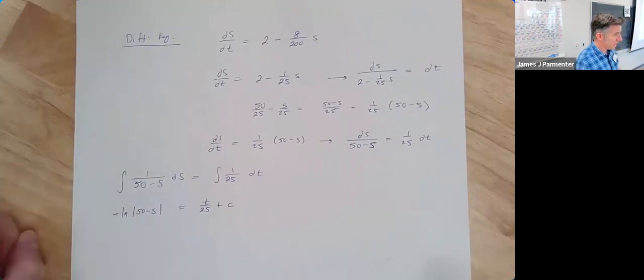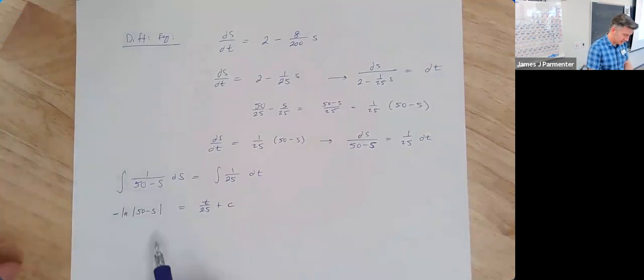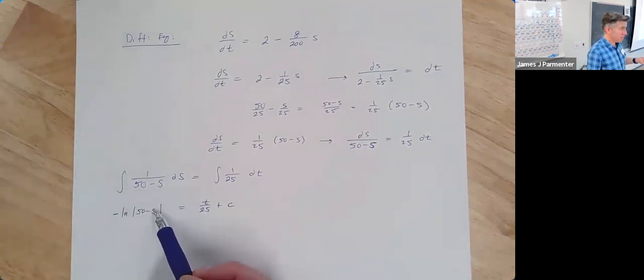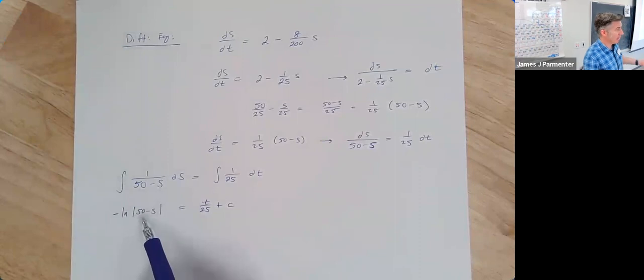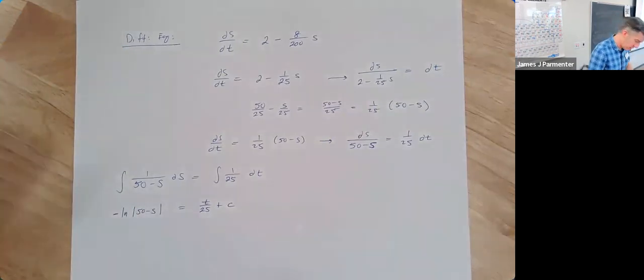I will point out that since s, the amount of sugar, starts off as 0, we don't need the absolute values because 50 minus 0 is positive. The amount of s will only ever get larger and larger. It is never going to actually get to be more than 50. I'll explain that a little bit more later. For now, I'm just going to say we can drop the absolute values. I will explain it, I promise.